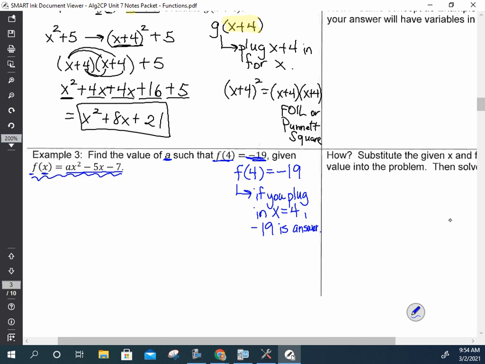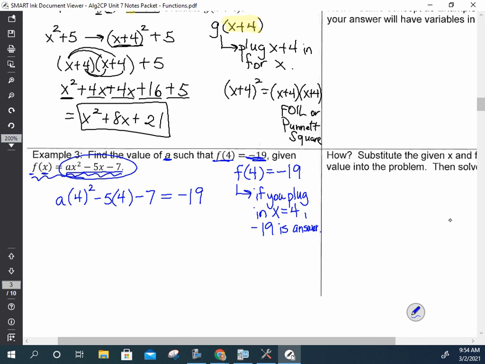So this is how we would set up the problem. If you take 4 and plug it into that, it would be a in parentheses, 4 squared minus 5 times 4 minus 7. If you plug 4 into that, your answer is negative 19.